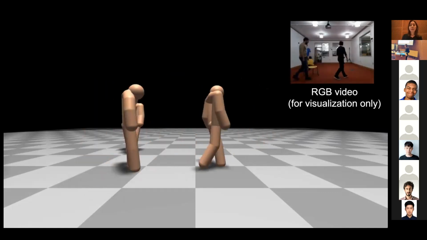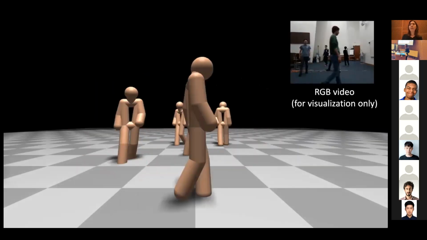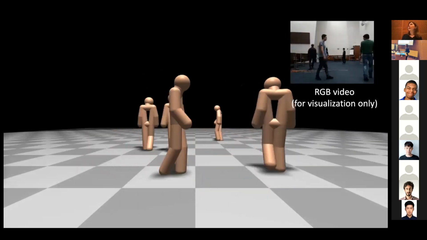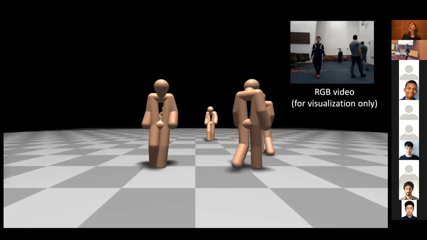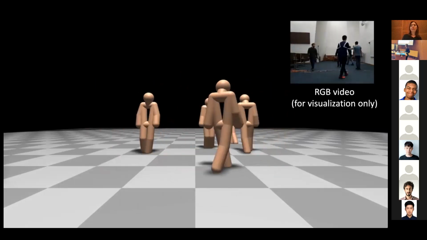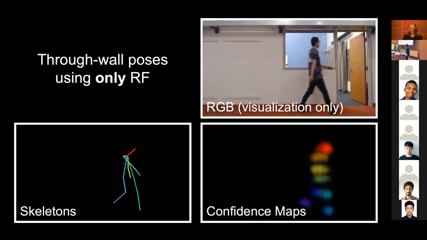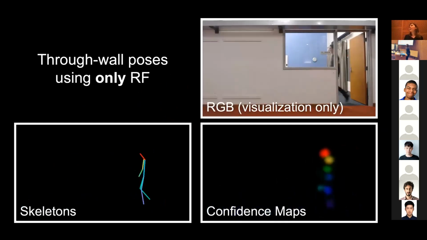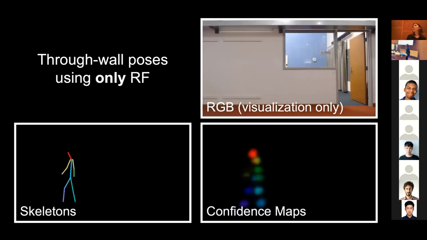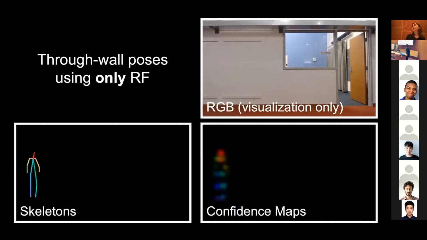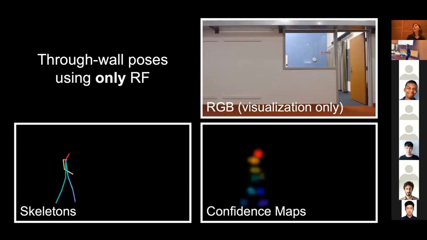So let me show you more. This is more people. And you can still see the behavior of the skeletons and how they are moving. This is more to highlight different properties. As the person goes behind the wall, of course visually you lose them, but you still know what they are doing and how they are moving.